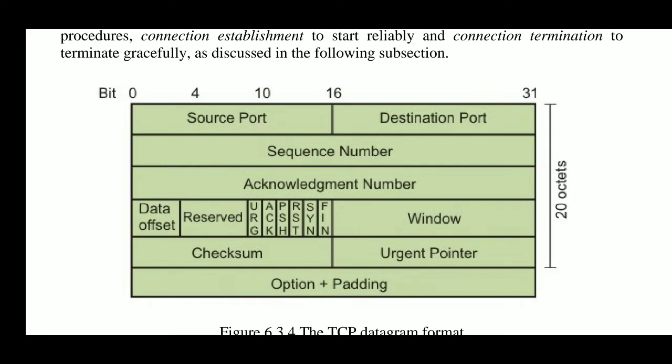So HLEN is the header length, and there are 6-bit control flags, which define the urgent pointer, URG. ACK, acknowledgement, indicates whether the acknowledgement is valid or not. PSH pushes the data without buffering. The RST field resets the connection.